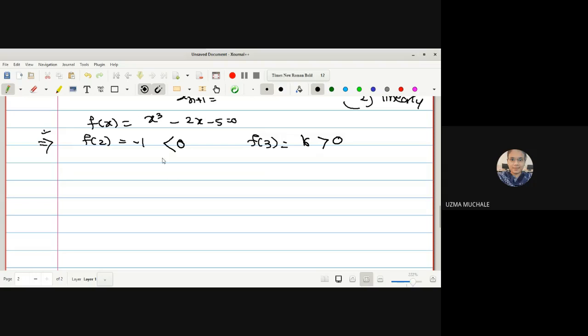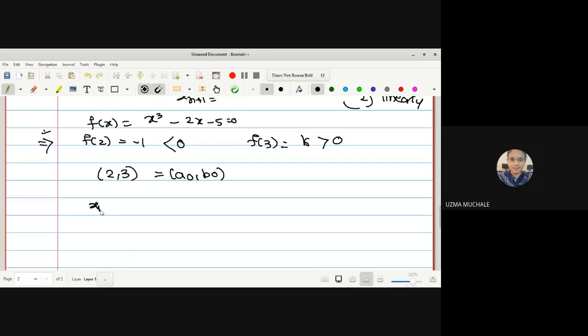So we have found a naught and b naught in such a way that f of a is negative and f of b is positive. Choosing the interval 2 to 3 is our interval, and this is our a naught and b naught.